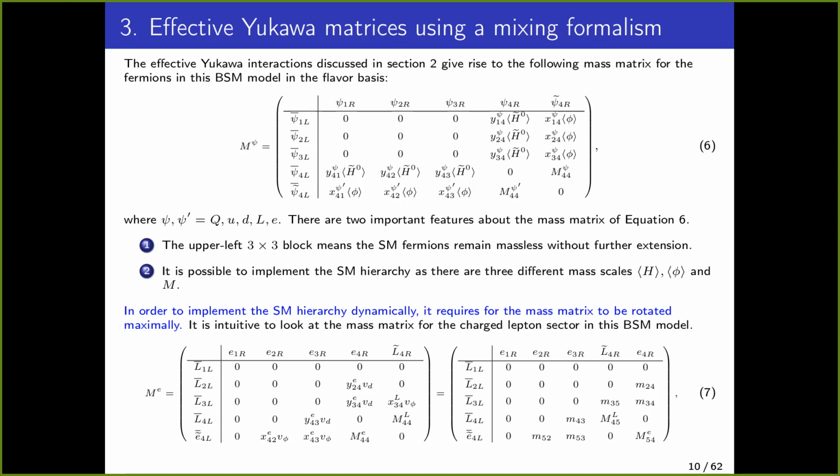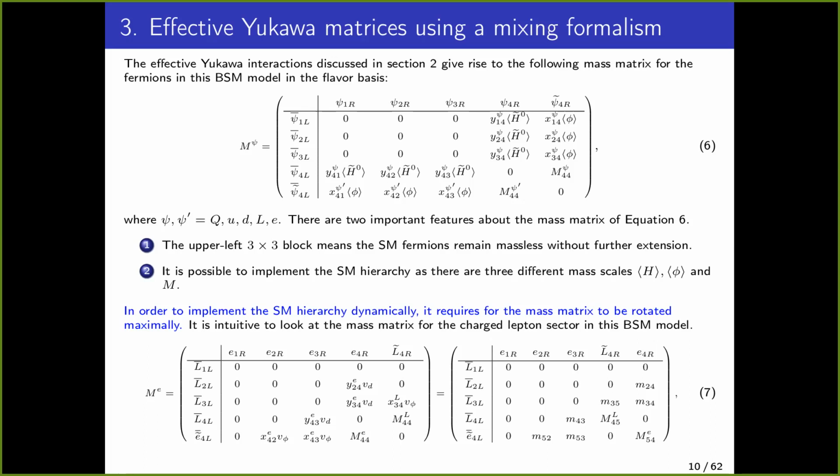Here, the number of seesaw mediators for the case of standard model charged fermions is only two heavy seesaw mediators, arising from the fourth family of the fermionic doublet and the fourth family of the right-handed doublet.